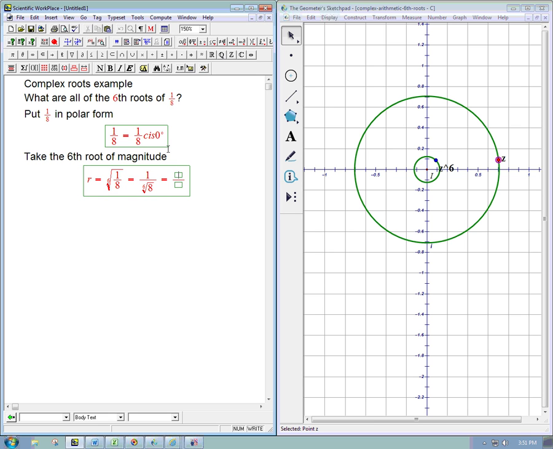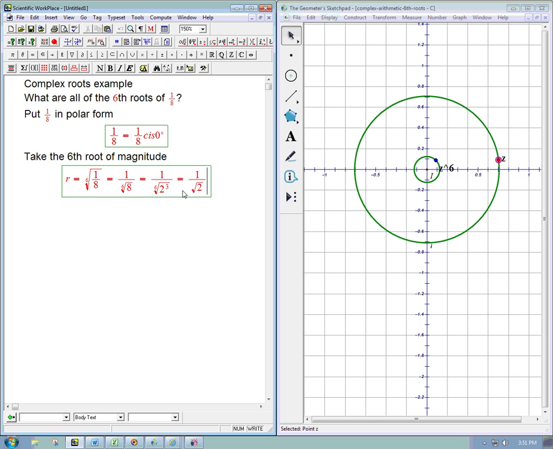Does that simplify? It turns out it does, because that's the 6th root of 2 cubed. In other words, a 6th root is like a cube root and a square root combined. So it's the square root of the cube root. Well, the cube root just gets it down to 2, and so it's going to be 1 over the square root of 2. Okay, so that's something that can happen in some of the more complicated examples.